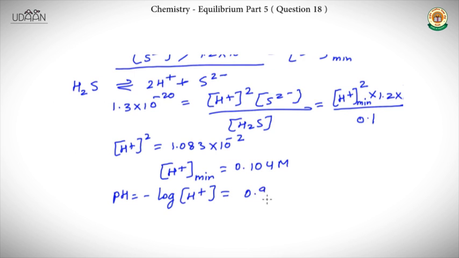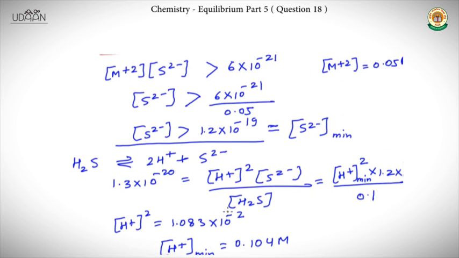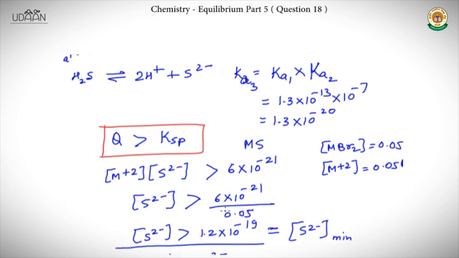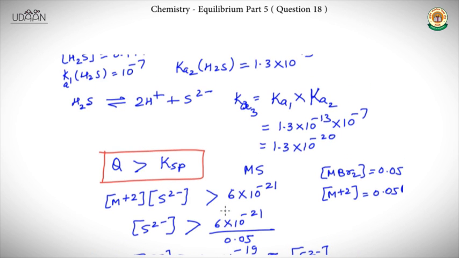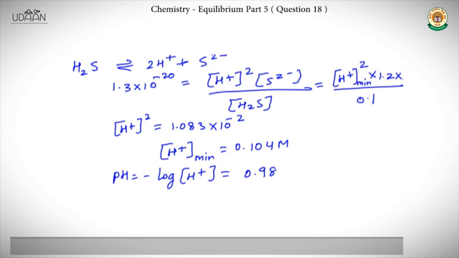So pH I will obtain as 0.98. So basically the catch of the question was the condition of precipitation, and it is often used in many questions in ionic equilibrium, especially of salts and precipitation. You just need to be careful with that, and again with the calculations you need to be careful. And this was question number 18.